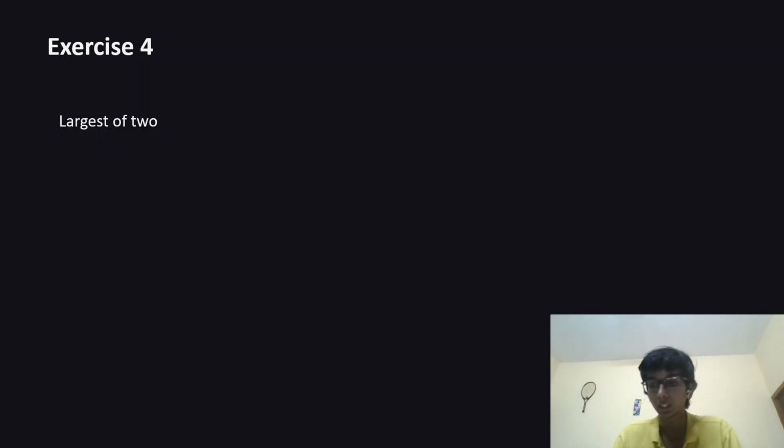Use your brain, guys. I'll give you more time for this. Your time starts now. I'll explain the code. You have to take two integer inputs, and you have to compare them using if and else clauses. So basically, that's it.